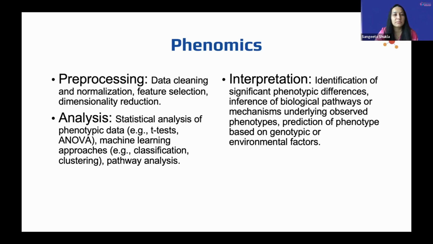Again, here it would essentially involve a lot of data cleansing and normalization, but it would also involve what kind of phenotypic features we want to work toward investigation, and then using some sort of statistical tests to analyze that phenotypic data. And this is where a lot of these modern bioinformatics and machine learning analyses that we hear about can be put to use more commonly.